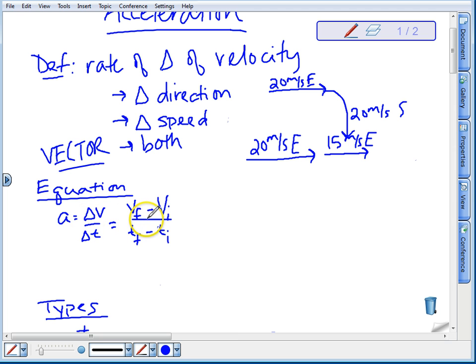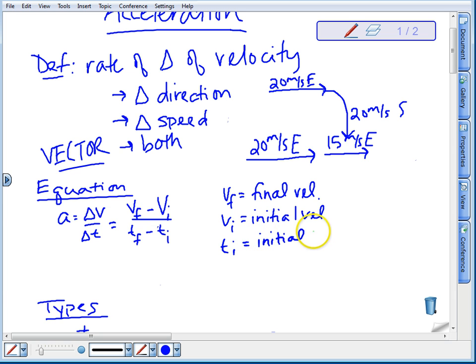So acceleration equals Vf minus Vi over Tf minus Ti, where Vf is our final velocity, Vi is our initial, our starting velocity, Ti is our initial time, and Tf is our final time.